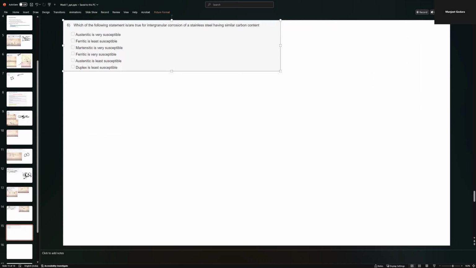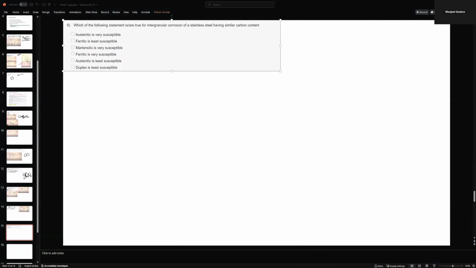We have similar carbon content. This, C. It's different. D.